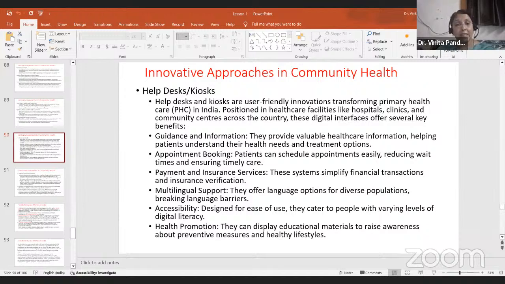Accessibility, these are very, very accessible and easy to use, and they are in a position to cater to people with varying levels of digital literacy. So even if your digital literacy is at a minimal level, you might have seen, friends, that most of these online help desks also, like let us say if I want to book an appointment at Kim's Hospital in Begumpet, I can go to their website and it is very, very easy for me to use that.